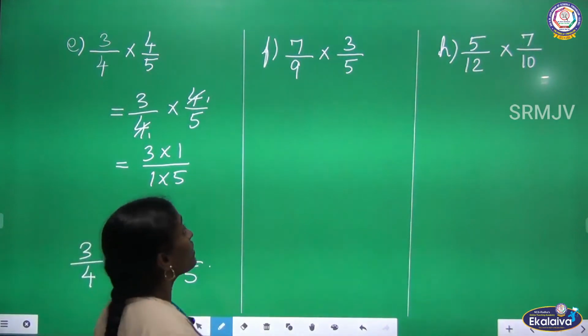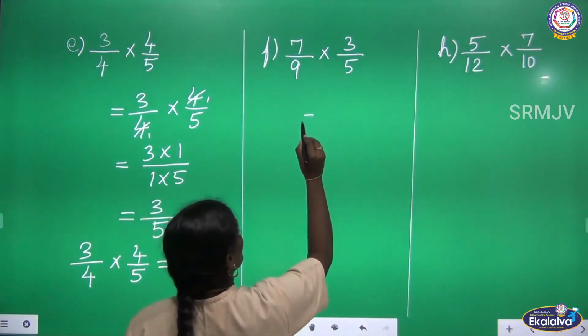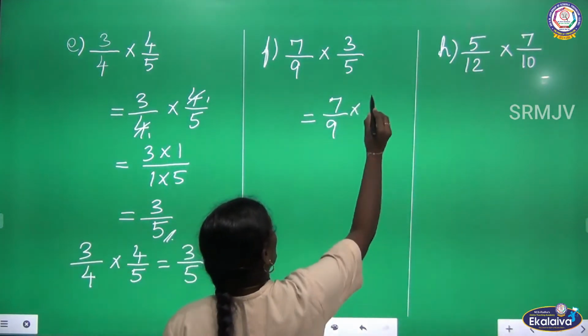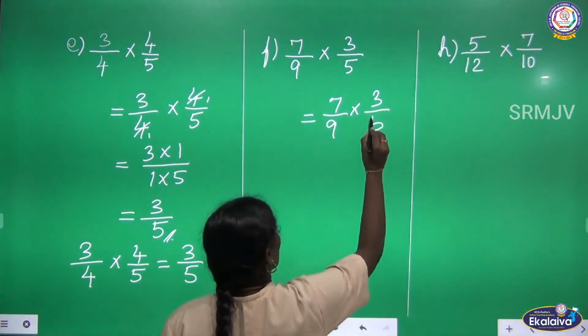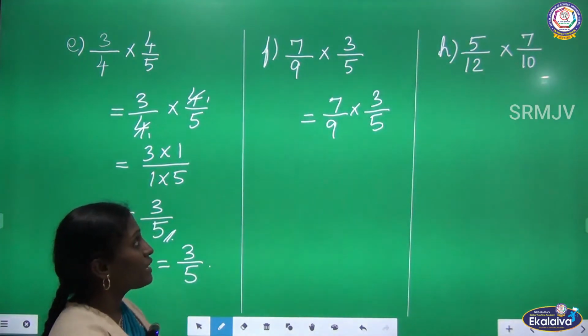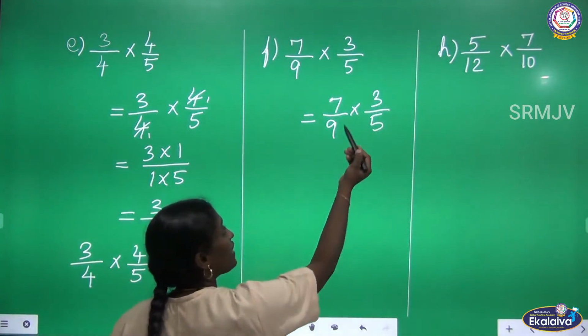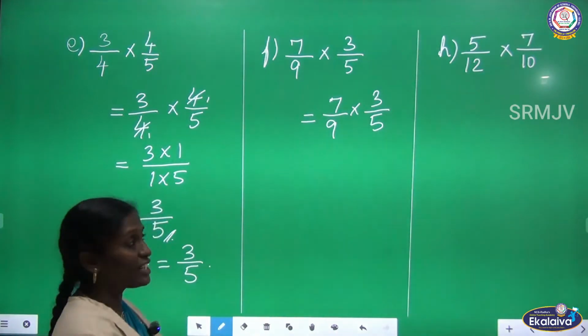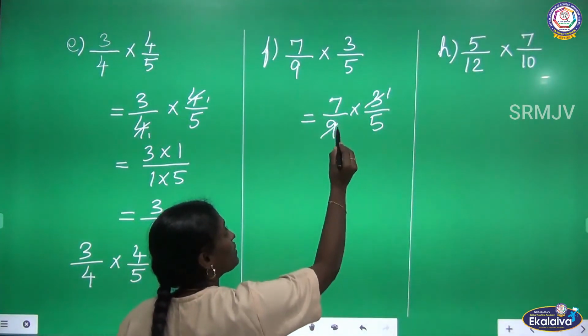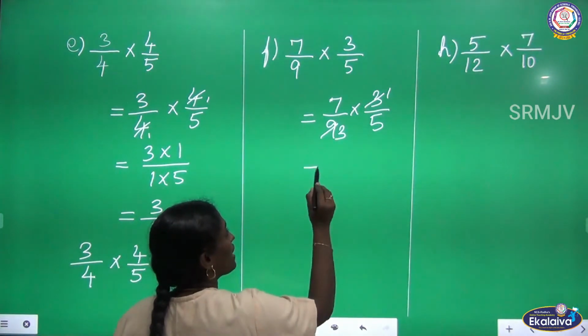See the next one. 7 by 9 into 3 by 5. Check whether there are any possibilities to reduce. Yeah, we can reduce 3 and 9 in the 3 table, isn't it? In the 3 table, 1 times 3. Here in the 3 table, 3 times 9.